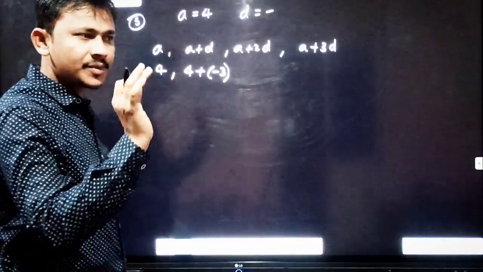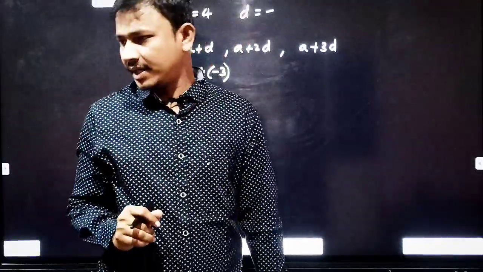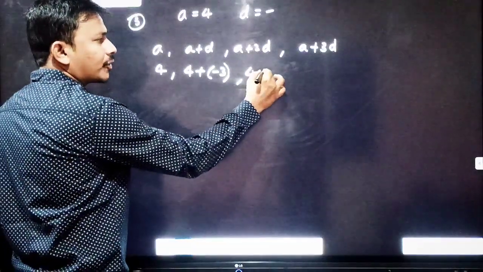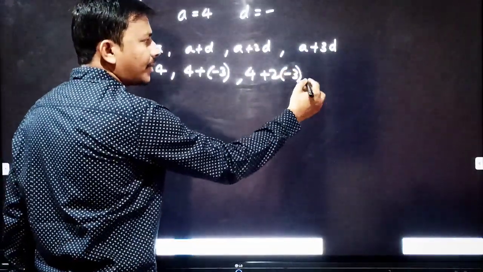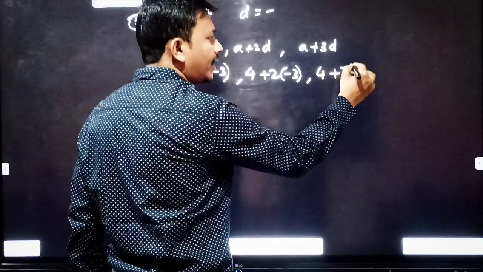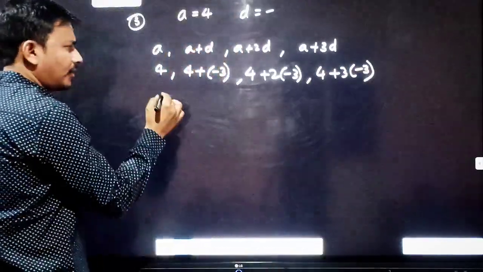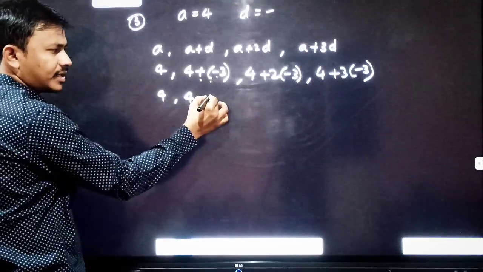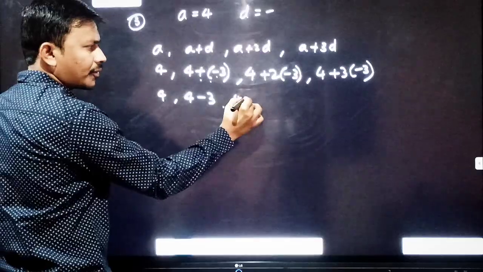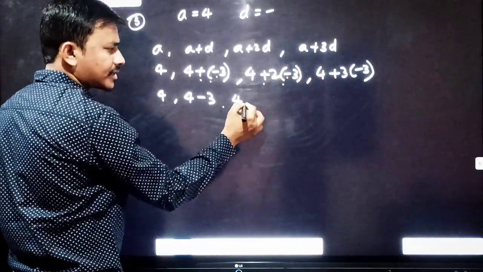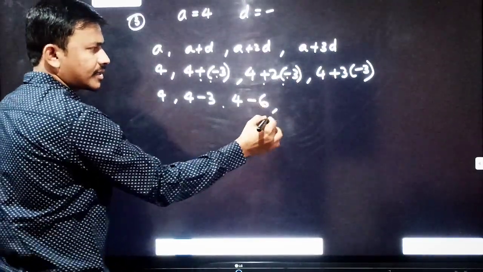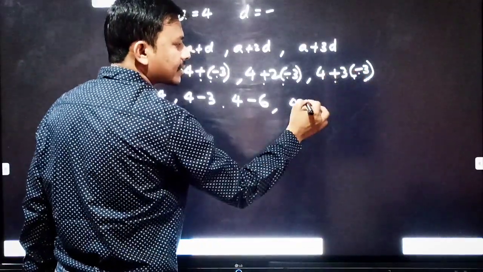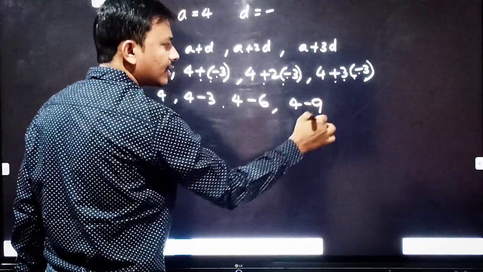-3. Since the D value is minus, we need to add brackets. Correct? Okay. What is A value? 4, plus 2 into D value -3, 4 plus 3 into -3. 4, comma, 4 plus 1 into -3, comma, 4 plus 2 into -3, minus 2 threes are 6, 4 plus 3 into -3, minus 3 threes are 9.